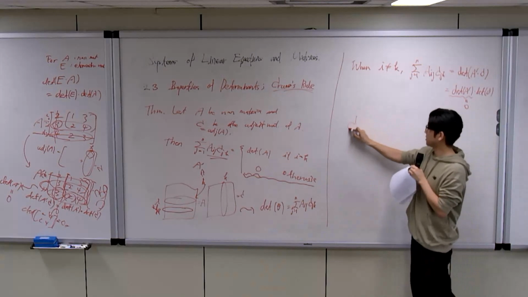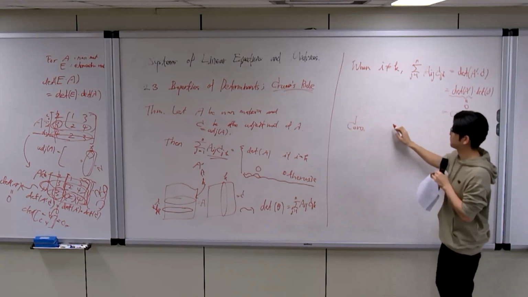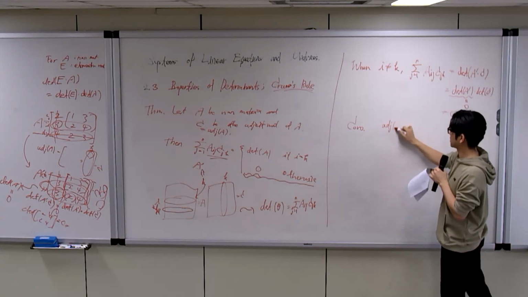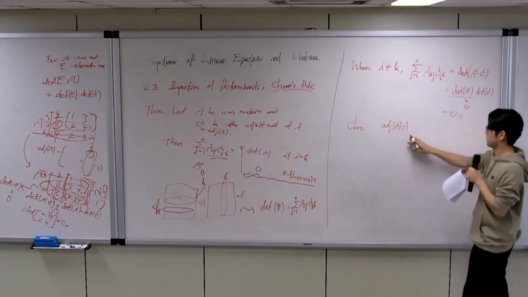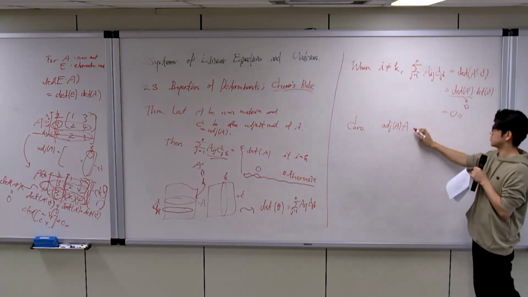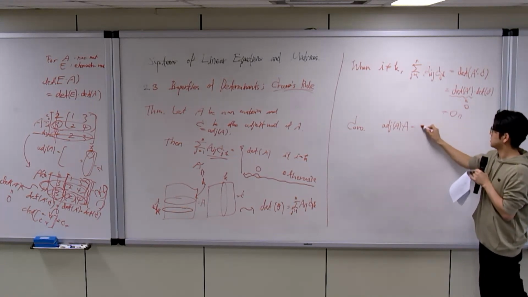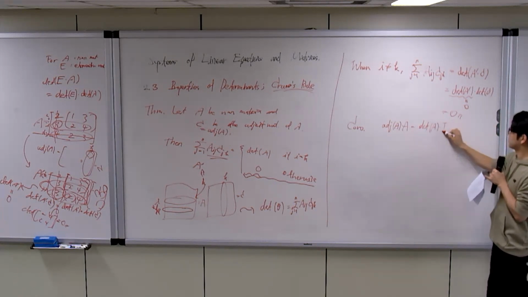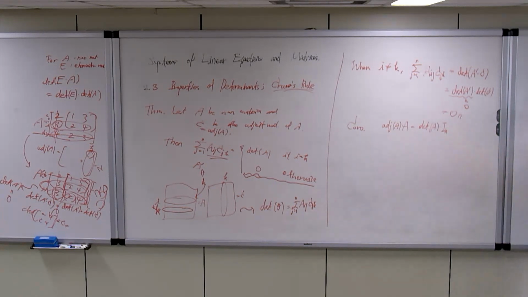So as the corollary, the adjoint matrix multiplication with A is the determinant of A scalar multiplication to the identity matrix.